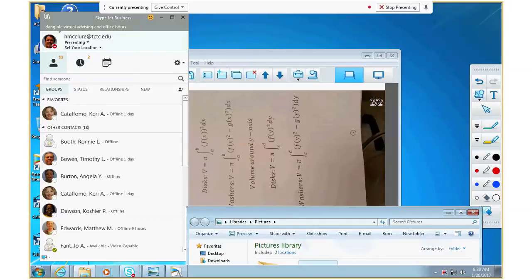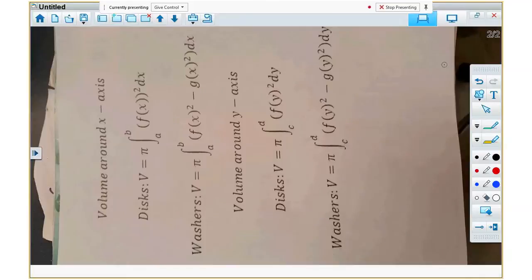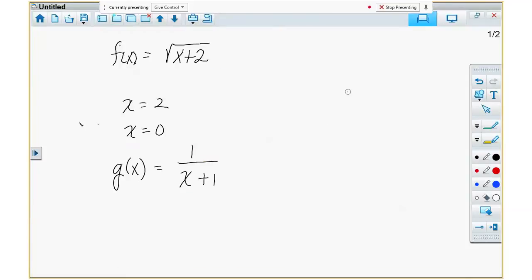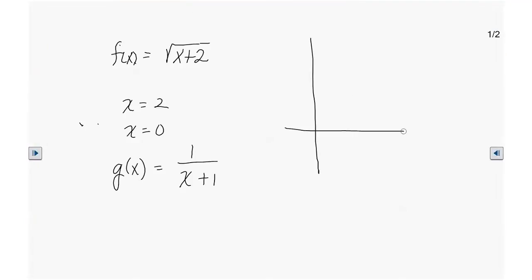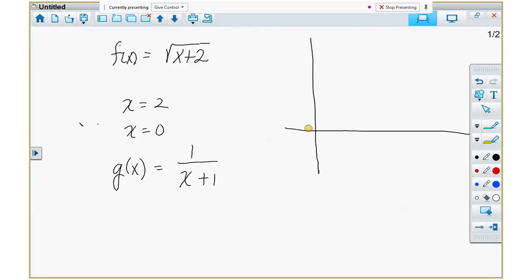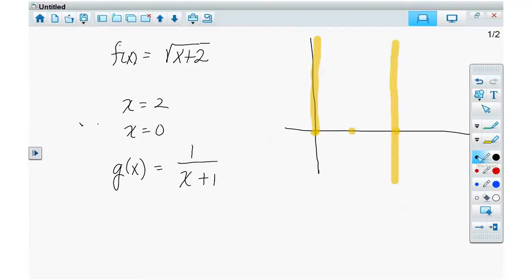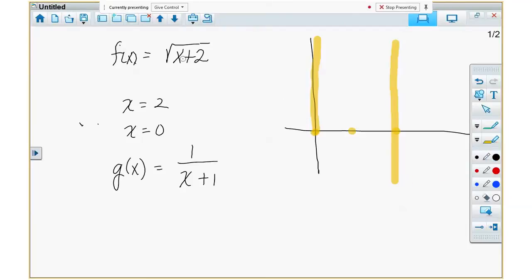All right, so let's pull that up. We've got a graph. Take your handy dandy white board: x equal to 0 is this way, x equal to 2 is this way, and then we've got the square root of x plus 2.